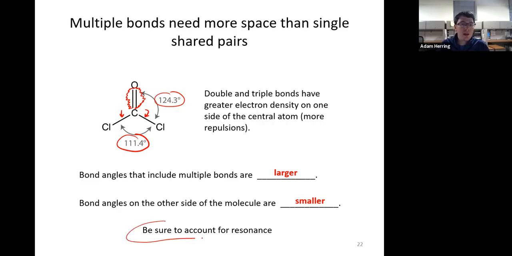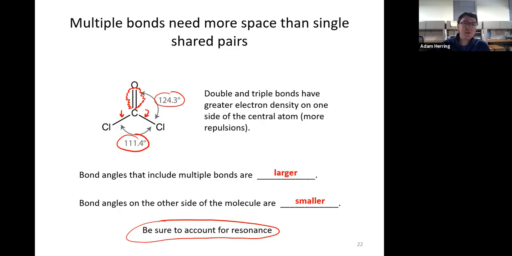However, you want to make sure that you account for resonance. Remember when we looked at resonance and we discussed how it equalizes bond lengths and bond strengths? Well, it turns out that it's also going to equalize bond angles.